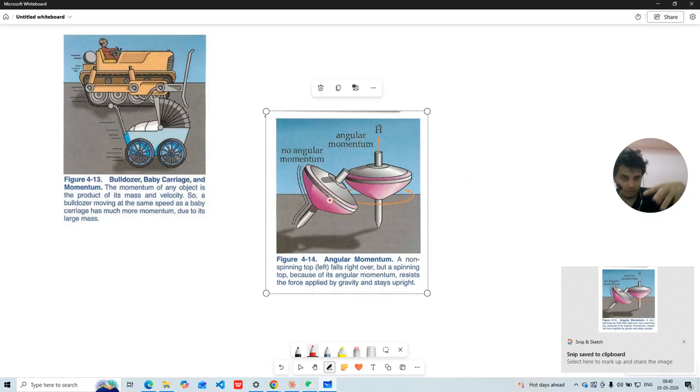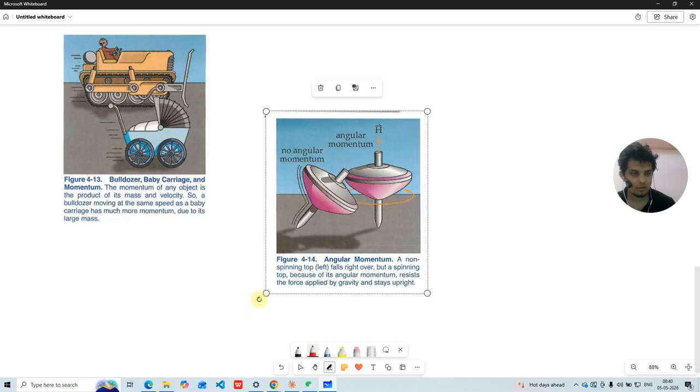If I just put the top on the table, it will fall, but if I spin it, give it an angular momentum, then, as we have already concluded that anything at rest would remain at rest, our top at rest will tend to remain at rest. But if I spin the top, it will tend to keep spinning, and hence it is defying gravity.